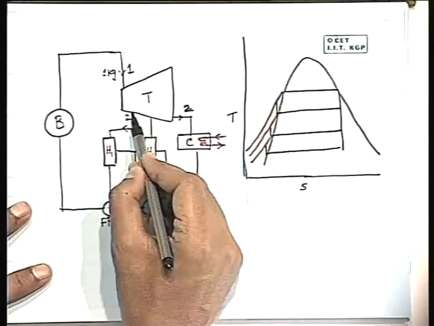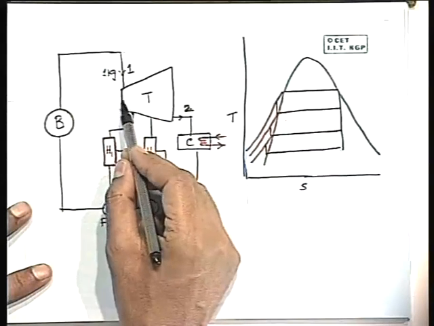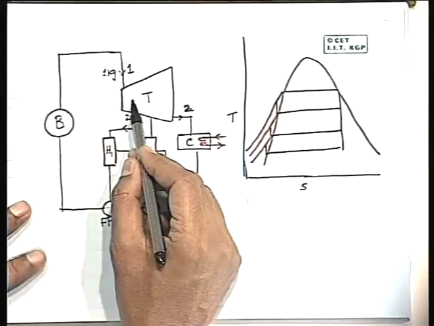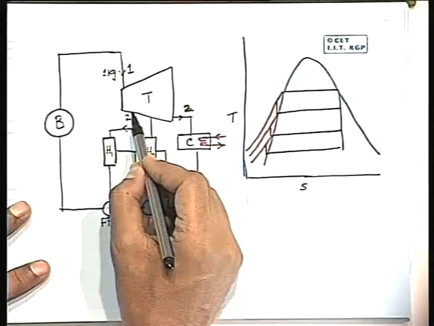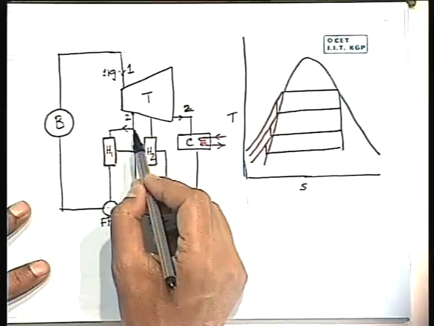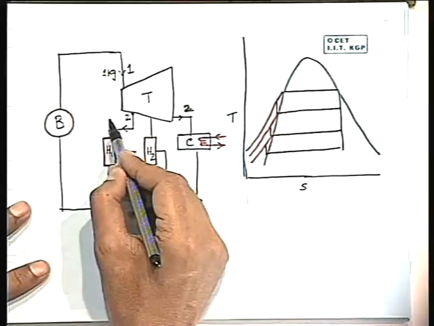Then at 2, corresponding to a certain intermediate pressure, after which the steam is expanded, some amount is bled.